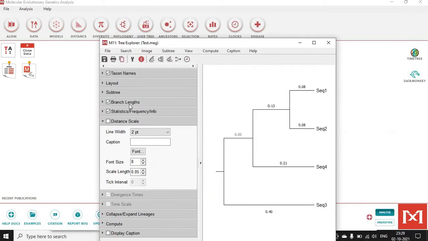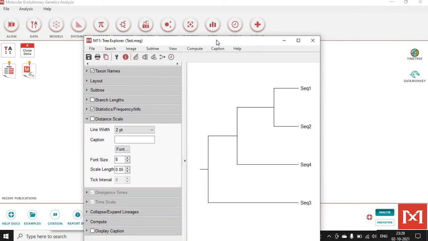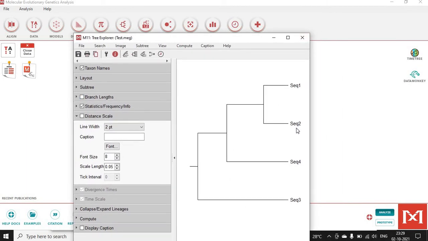So this is the tree. You see that sec1 and sec2 are very closely related, and sec4 is closely related to sec1 and sec2, and sec3 is distantly related to all these three sequences.